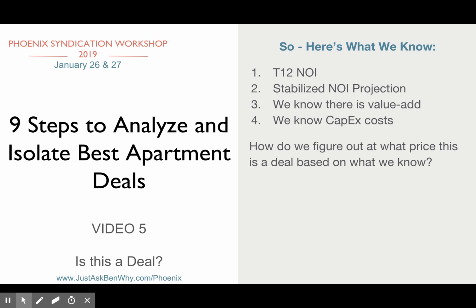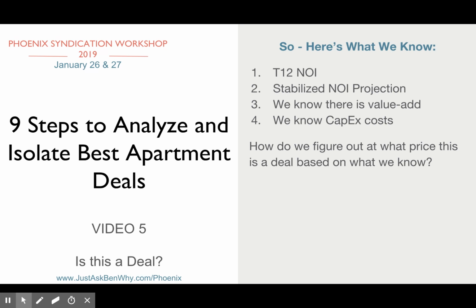But if there's value add, which we've established by defining a delta between T12 NOI and the stabilized NOI, at least projection thereof, then we go on to step number 4, which is to determine exactly what it's going to take to get the building from T12 NOI to stabilized NOI projections.